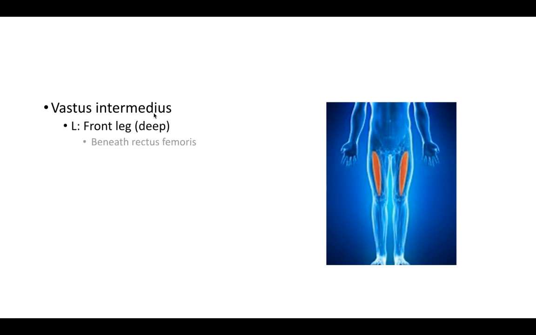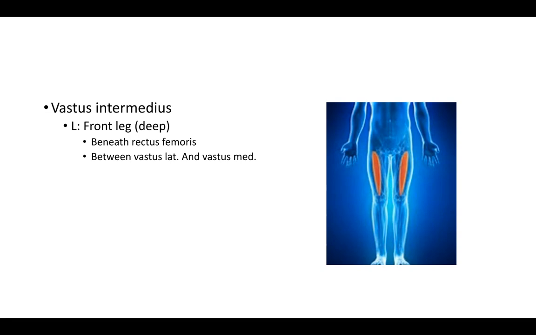It is deep to the rectus. If we remove the rectus, we find it located in between the lateralis and the medialis, which gives it its name, the intermedius. It is the intermediate muscle to the other two vastus muscles.